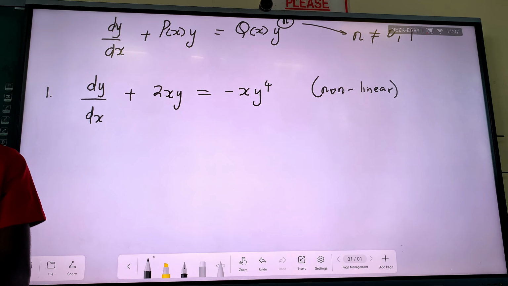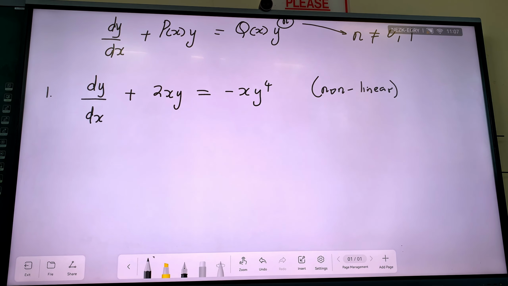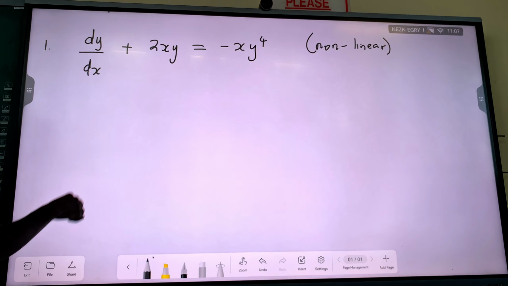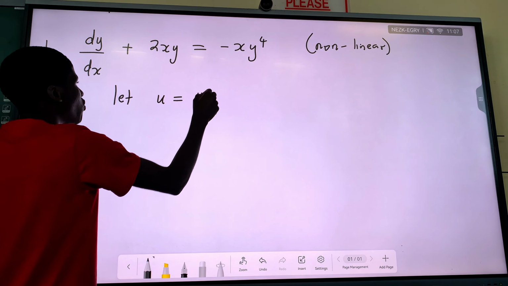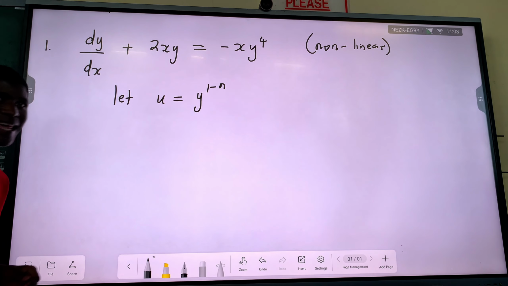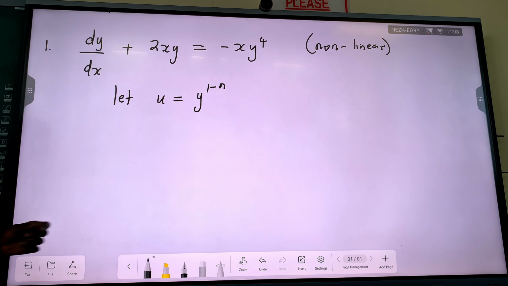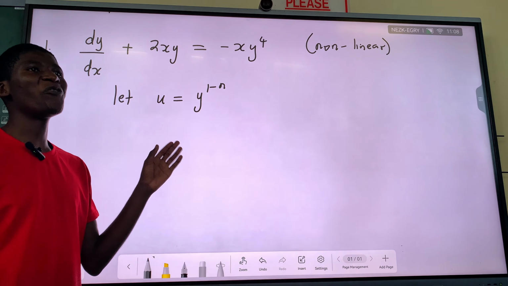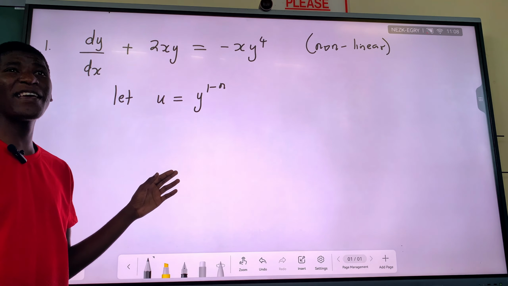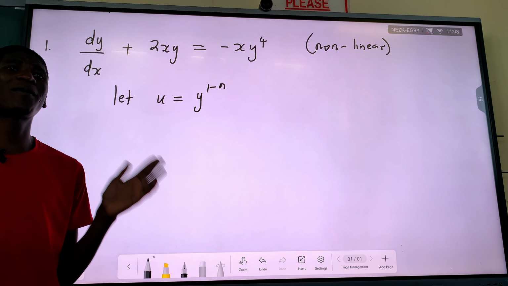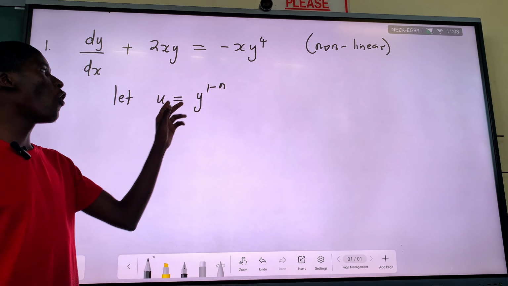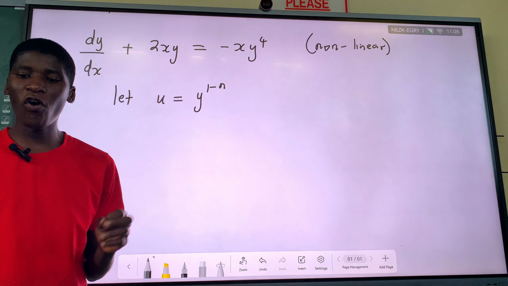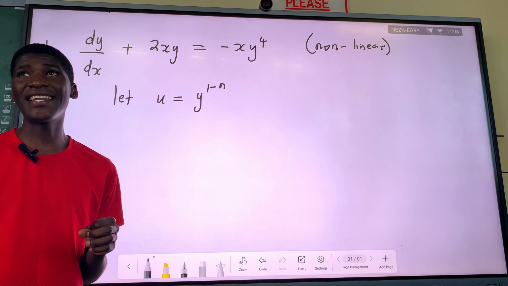So you need to do a solution by substitution, whereby you pick a value. You're going to let u be equal to y to the power of 1 minus n, so that you get a differential equation in terms of u that is linear.